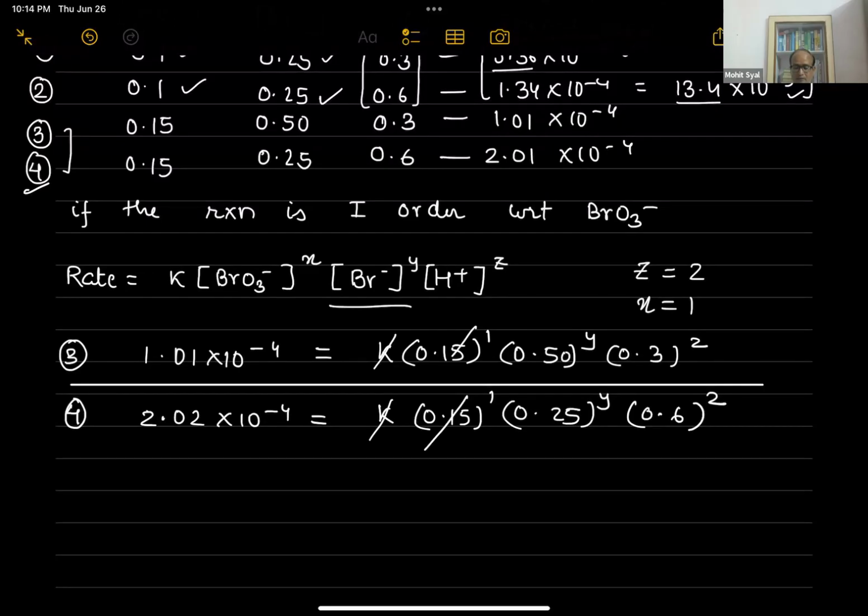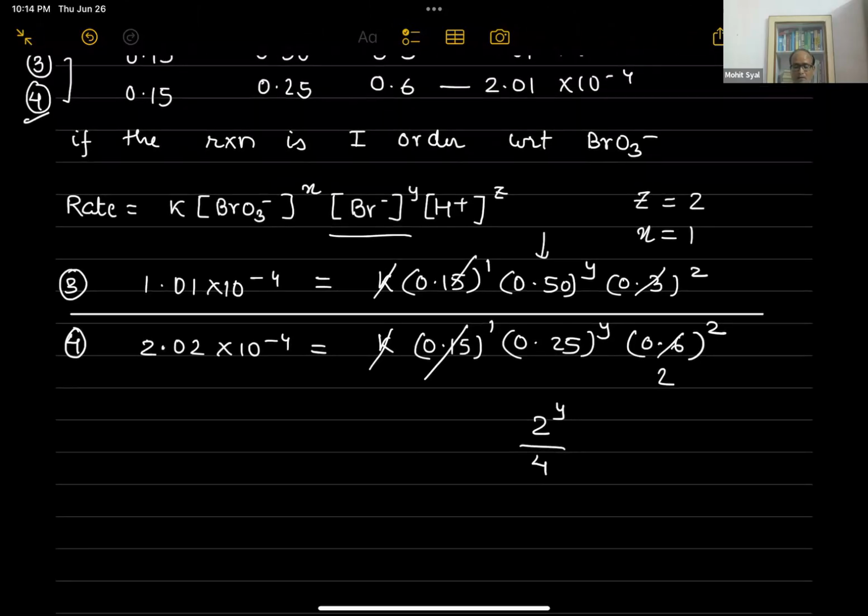This is 2 times, so 2 to the power Y. And this is 1 by 2 squared. And upon dividing, this is 1 by 2. So 4 by 2 is 2. And Y is equal to 1.